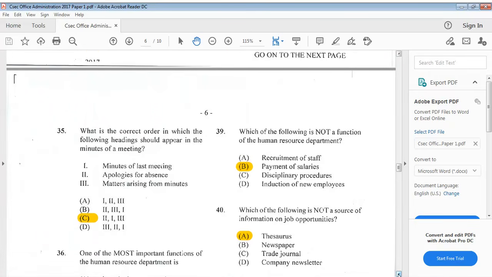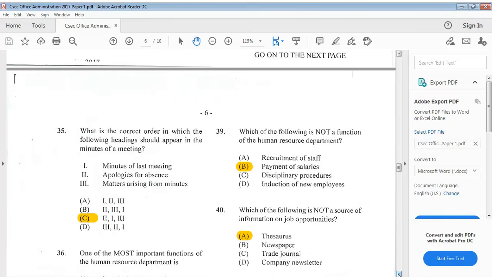What is the correct order in which the following headings should appear in the minutes of a meeting? 1, minutes of last meeting. 2, apologies for absence. 3, matters arising from minutes. Let's look at our option answers now. Is it A, 1, 2, and 3? Is it B, 2, 3, then 1?